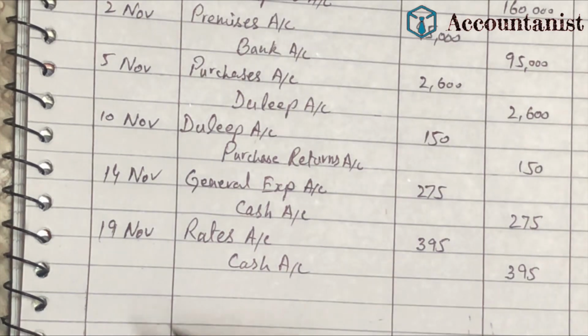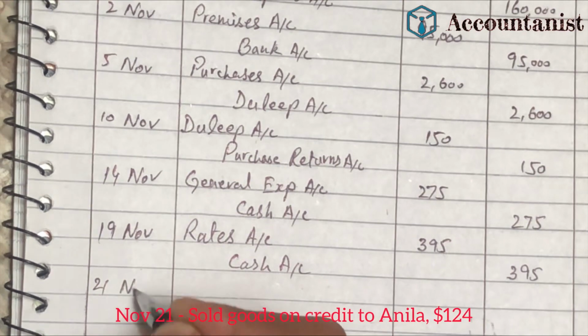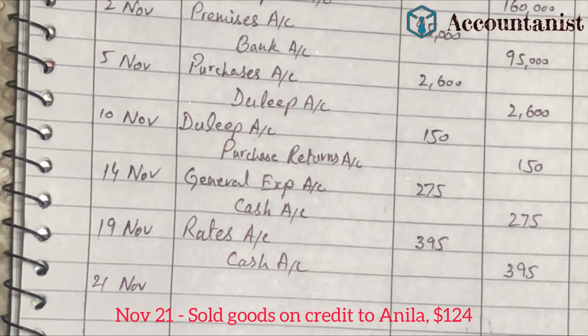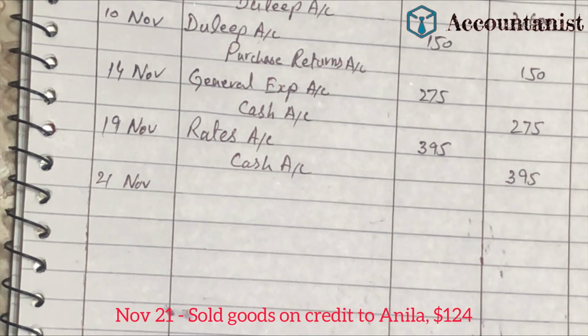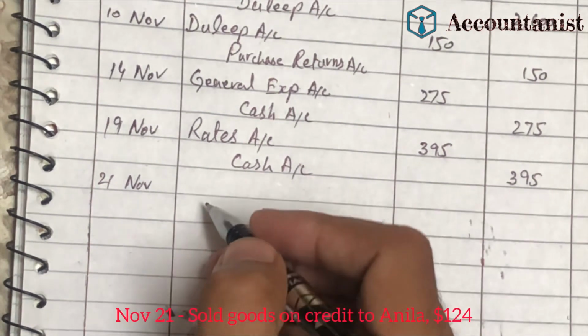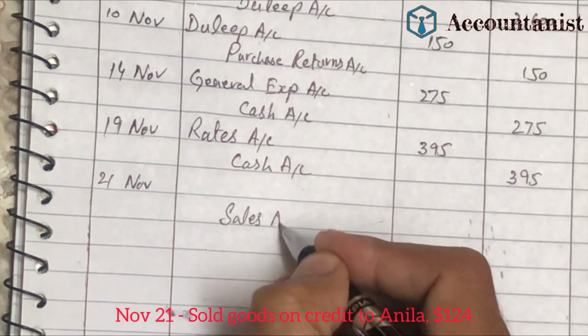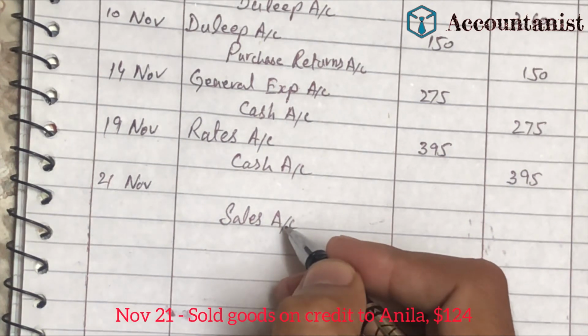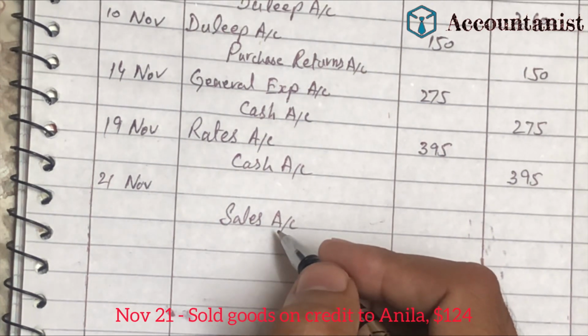So the next transaction happened on the 21st of November. We sold some goods on credit to Anila, which means the sales account will come up on the credit side. Always remember that sales we always record on the credit side.